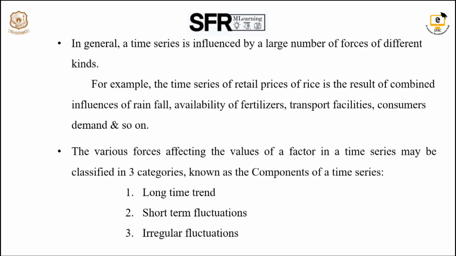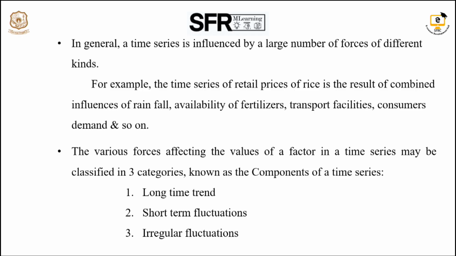What are the influences, the causes for the increase or decrease of the price level? It depends on rainfall and availability, fertilizers, transport facilities, consumer demand, and so on. These are the forces of different kinds.